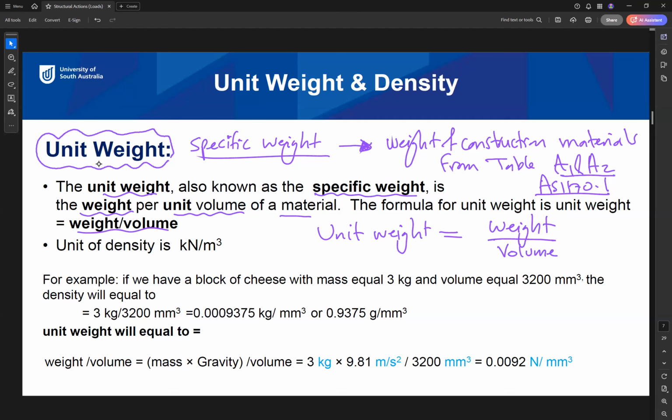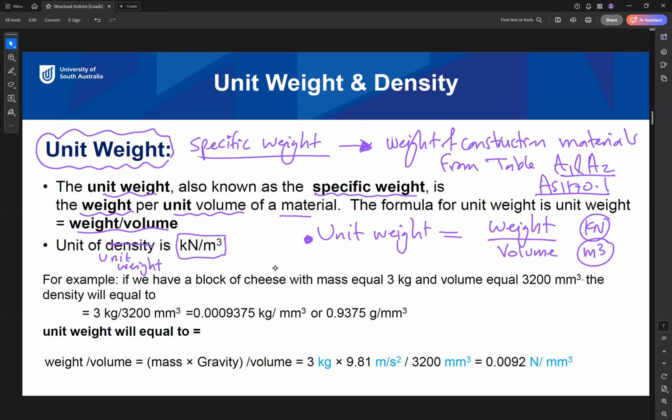If the weight is in kilonewton and the volume in cubic meter, the unit of unit weight is kilonewton per cubic meter, and we need this unit in our calculation of the dead loads of the materials.